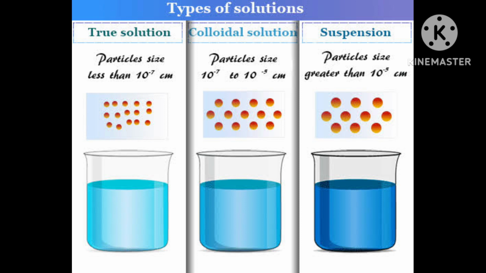The essential difference between a solution and a colloid is that of particle size. What is the main difference? The essential difference between a solution and a colloid is that of particle size.